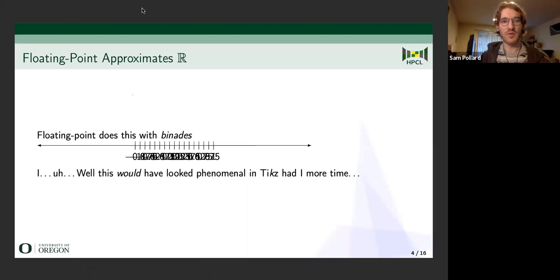So the way floating point works is it is an approximation of the real line. Let's have this green line be the real line. We have negative infinity on this side, which is not a real number in the real numbers, but in floating point, there is a negative infinity and infinity.